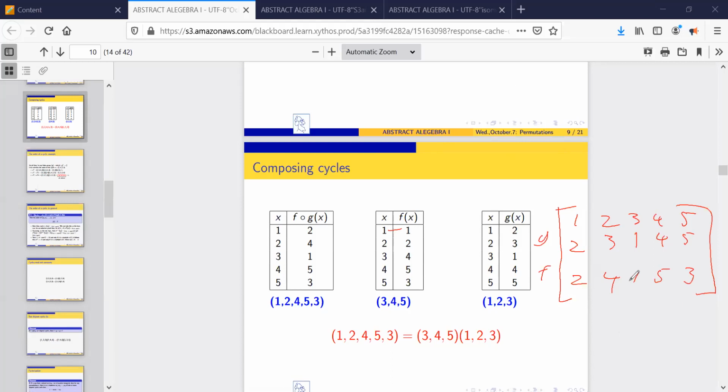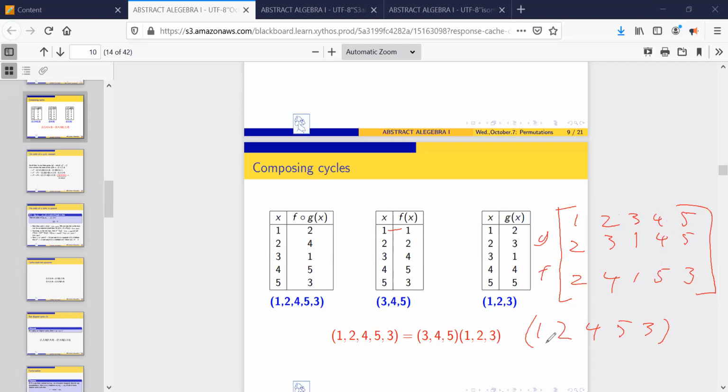So here we would say, what does 1 go to? 1 goes to 2, 2 goes to 4, 4 goes to 5, 5 goes to 3. Does that make sense? I thought we were only reading the last row, right?